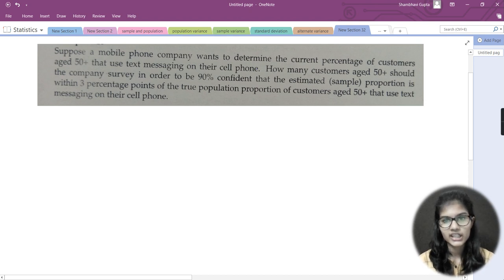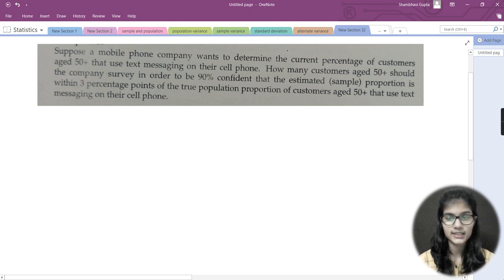How many customers aged 50 plus should the company survey in order to be 90% confident that the estimated proportion is within 3 percentage points of the true population proportion of customers aged 50 plus that use text messaging on their cell phone?